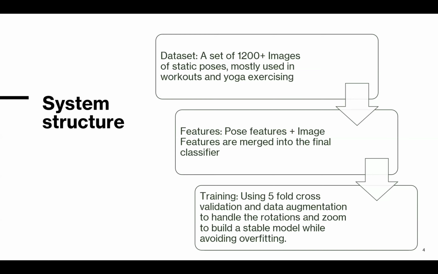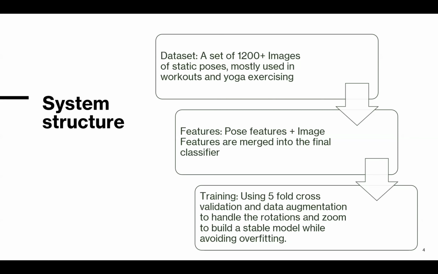And our classifier is trained based on a set of 1,200 images of static poses that are mostly used in workouts and can also be used in yoga exercises. One of the most common examples of static poses is the plank exercise or the tree position exercise, etc. And we will go through that in the following slides.